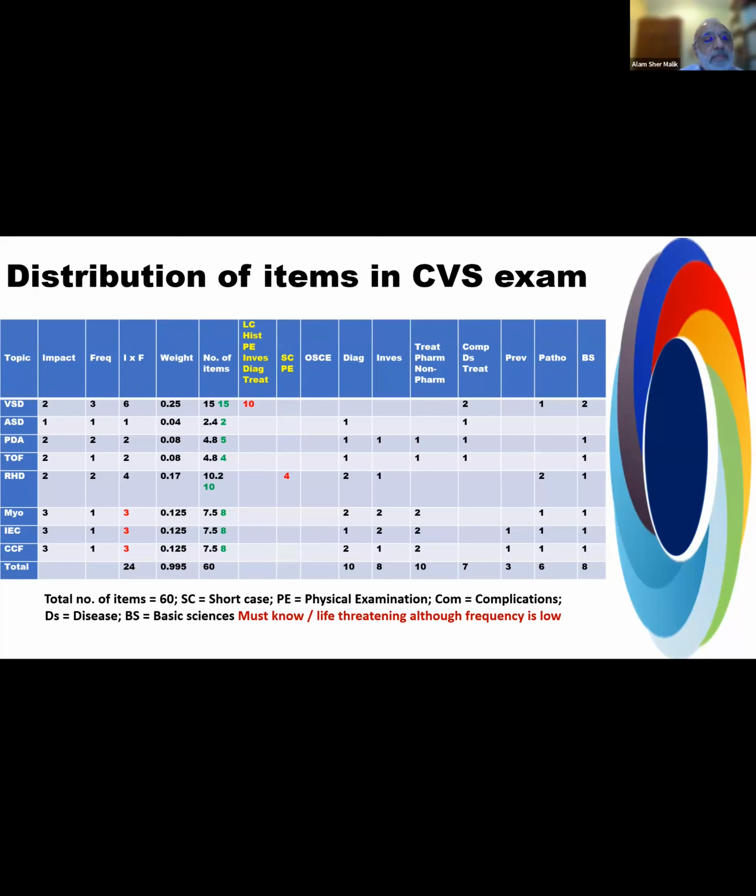So in CVS the topics are VSD, ASD, PDA, tetralogy of Fallot, rheumatic heart disease, myocarditis, infective endocarditis, congestive cardiac failure. So these are the topics I'm talking about in the pediatric posting, in the CVS component.